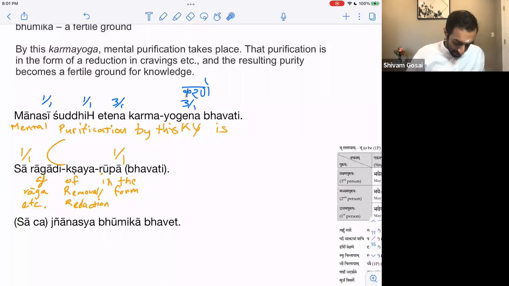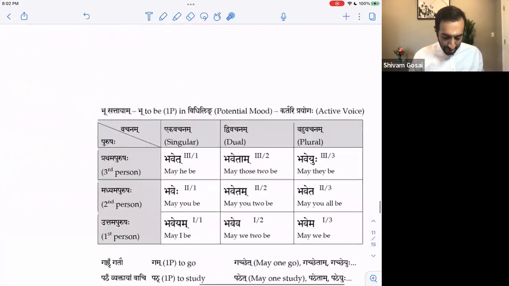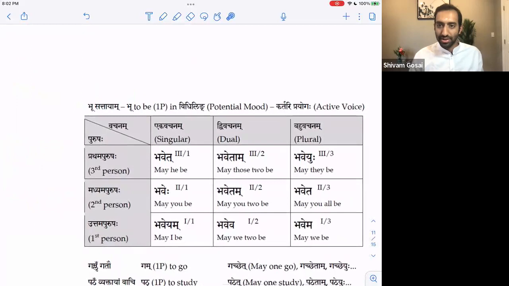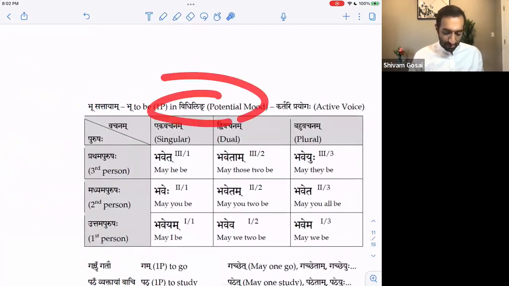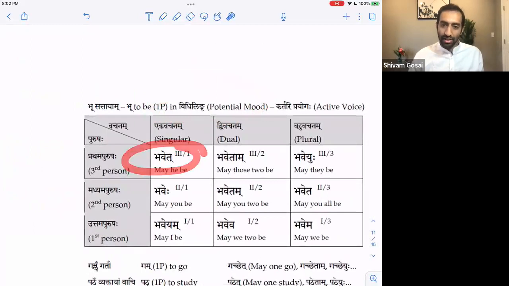Last part of the sentence: sacha jnanasya bhumika bhavet. Okay, catch the verb. Bhavet, we've seen this. Bhavet is not bhu dhatu, 1p, to be, lat lakara. What we call this is vidhiling when you say bhavet. This word bhavet comes commonly.